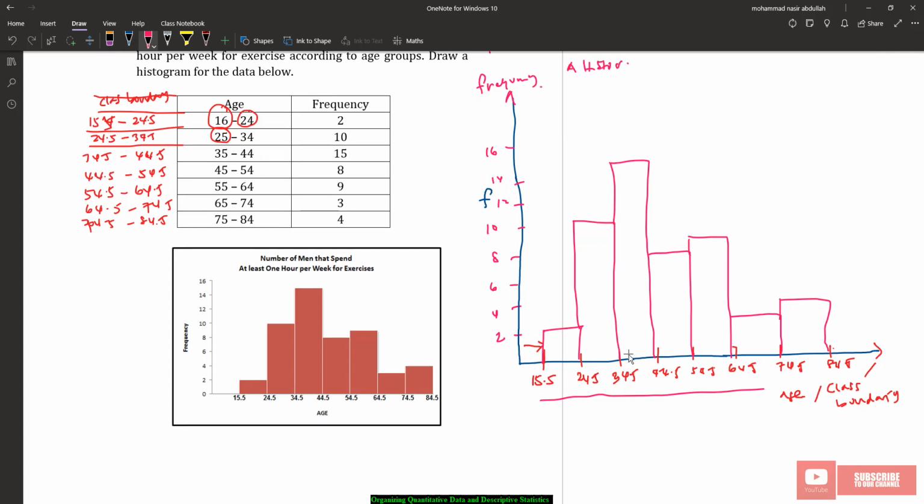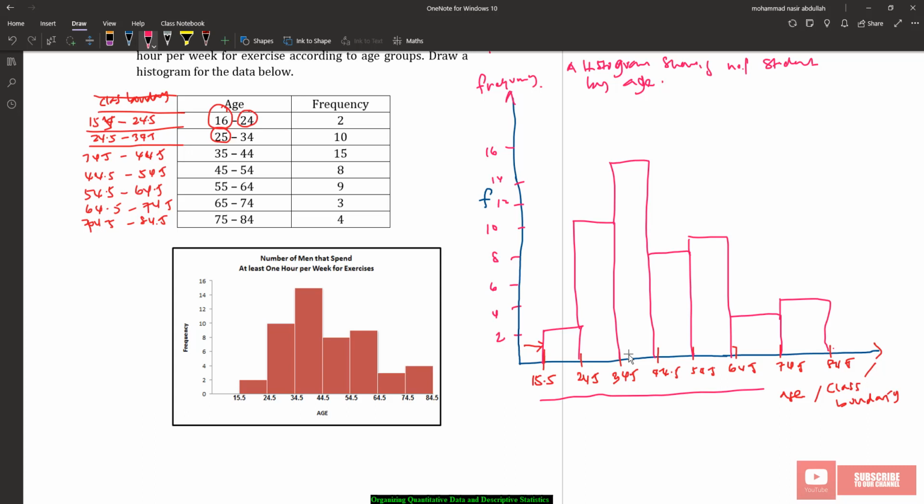Histogram showing number of students by age. For example, right? So this is a histogram. Done.